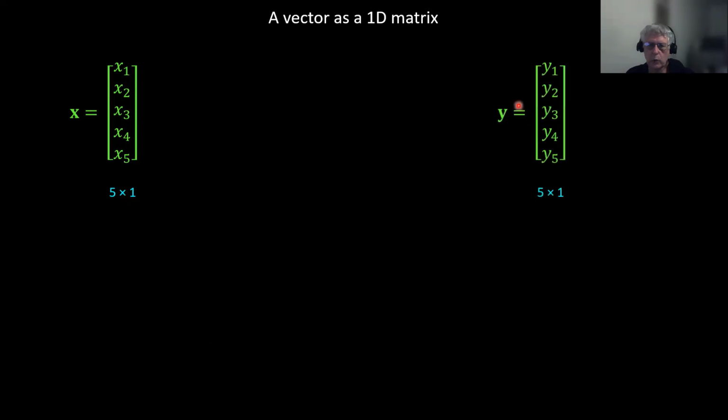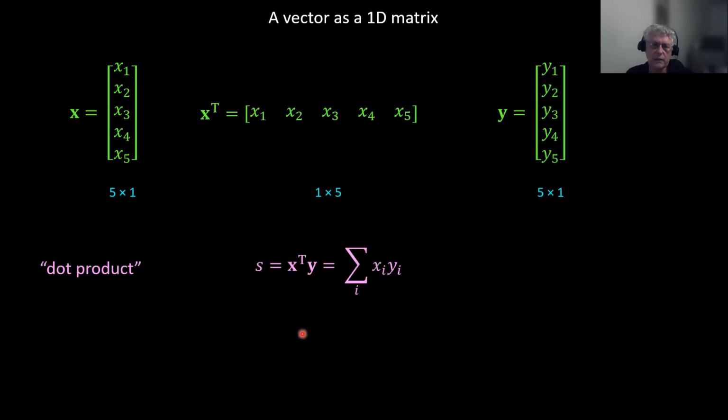Here's another vector Y, 5 rows, 1 column. I can take the transpose of this vector X and I can write the elements all in a row. I can do matrix operations on vectors. So here is X transpose Y, often called the dot product. X1 times Y1 plus X2 times Y2 down to X5 times Y5.